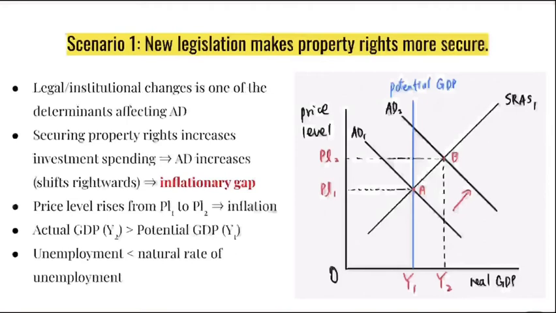And also we can see that the price level rises from PL1 to PL2, and there's inflation. And the actual GDP Y2 is larger than potential GDP Y1. And also we can deduce that the unemployment rate is lower than the natural rate of unemployment.